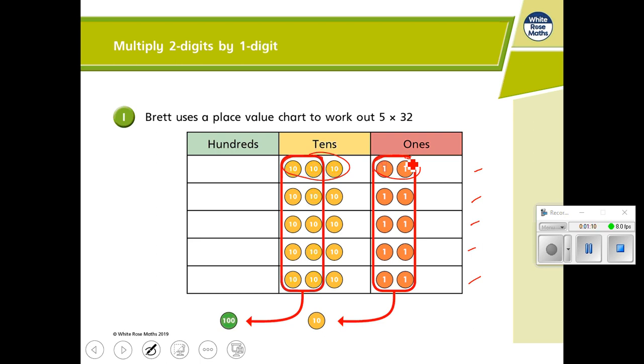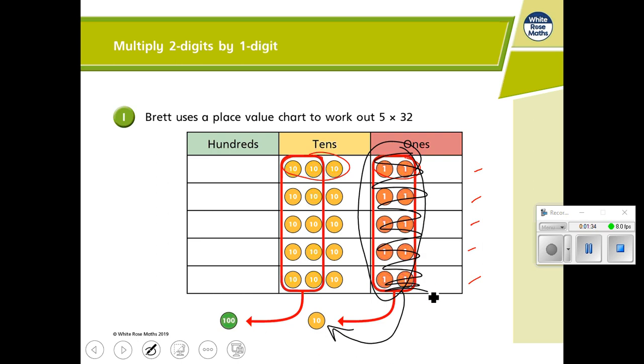Then what he's done is he's taken the ones. So if I use a different pen to show you, he's taken the ones and he's just said, well, there's 10 ones altogether. So he's exchanged those 10 ones for a 10. So now that leaves us with no ones at all.